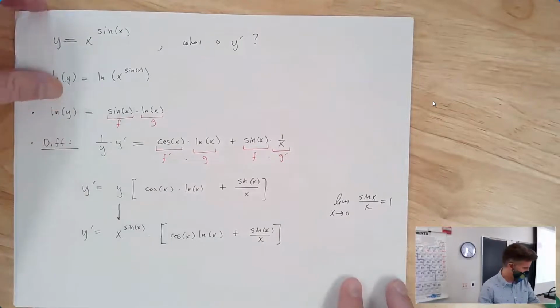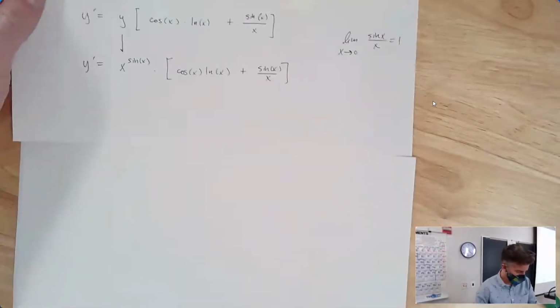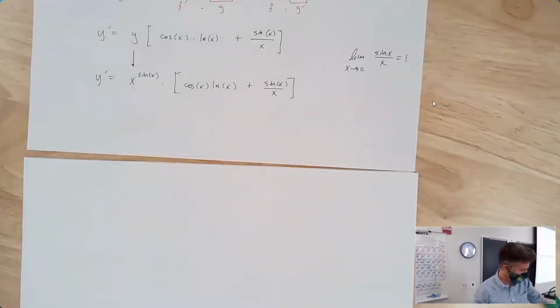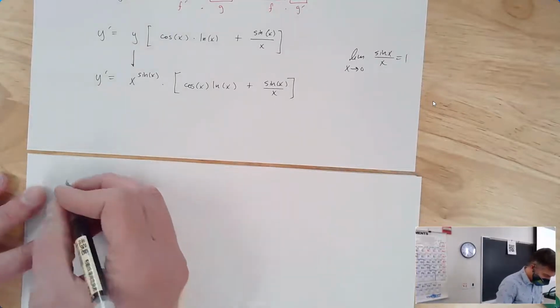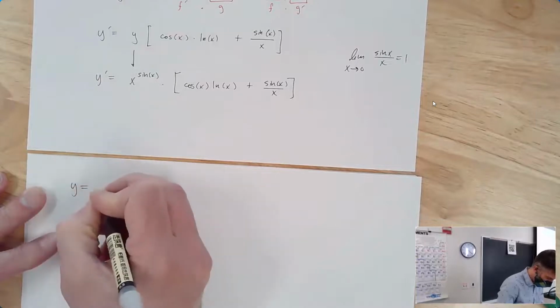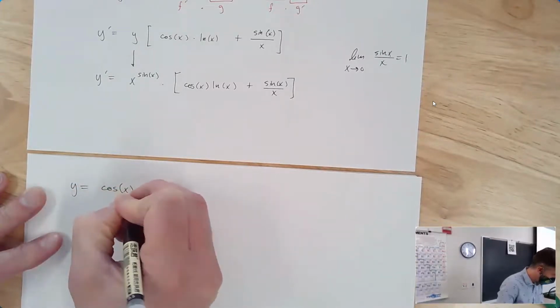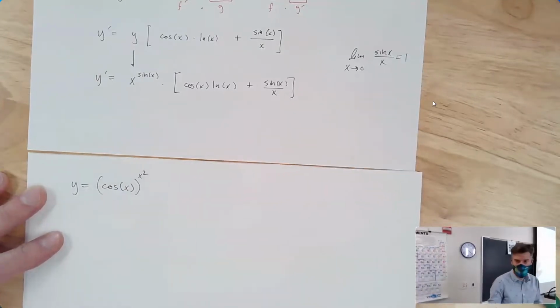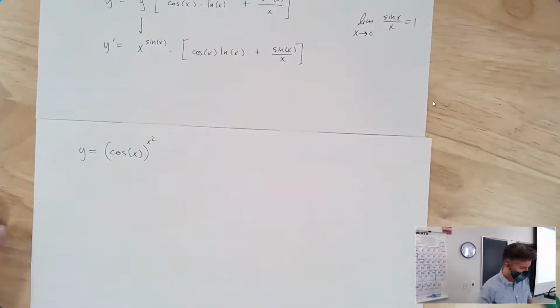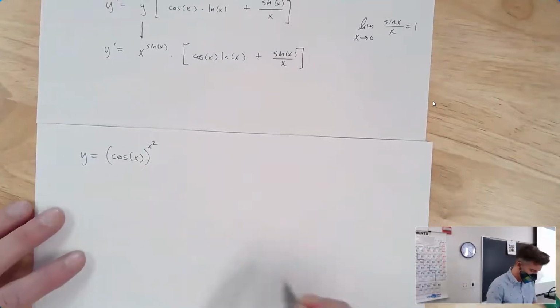Let's do one more. Why don't you all try taking the derivative of this one? So let's say our function is y equal to cosine of x raised to the x squared power. And I want you all to try taking the derivative of this one using the same process.